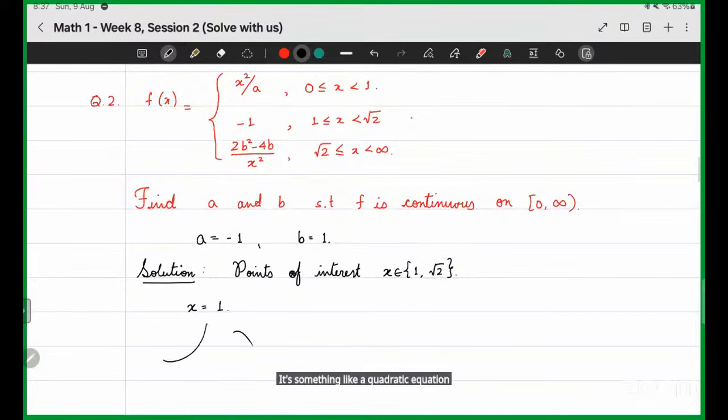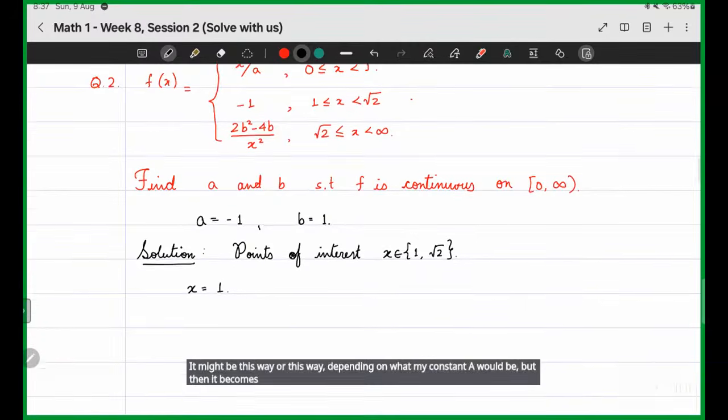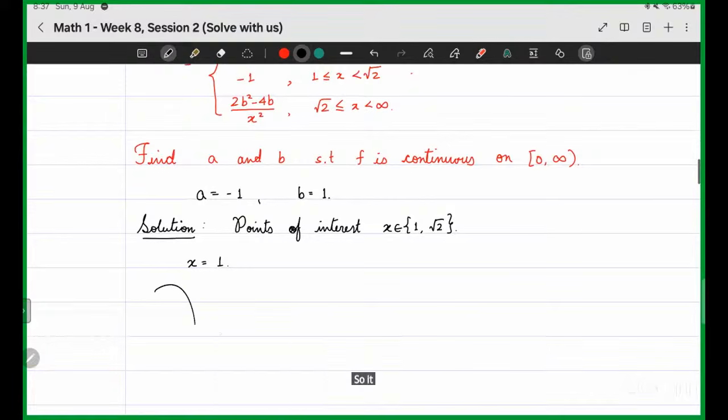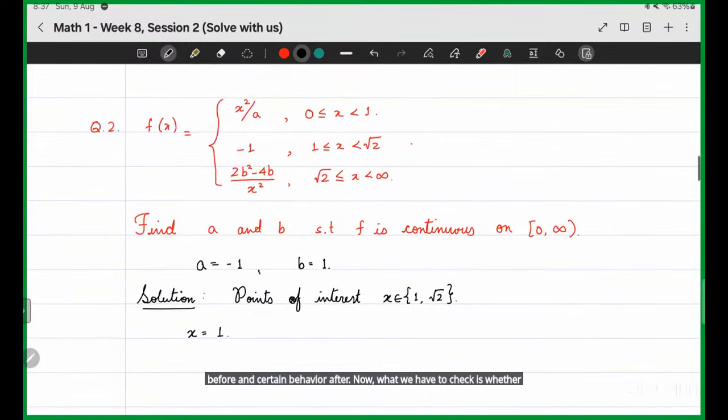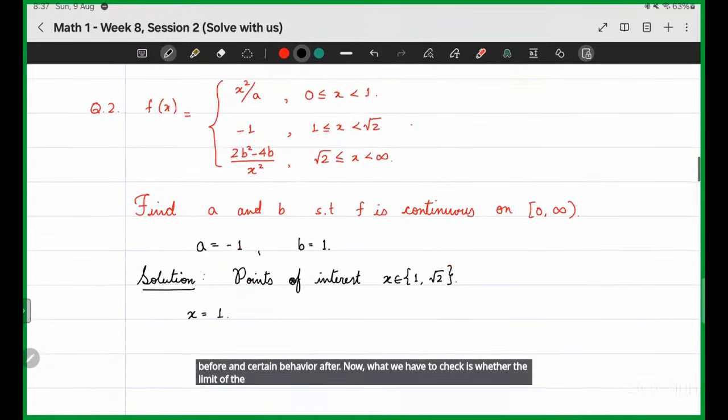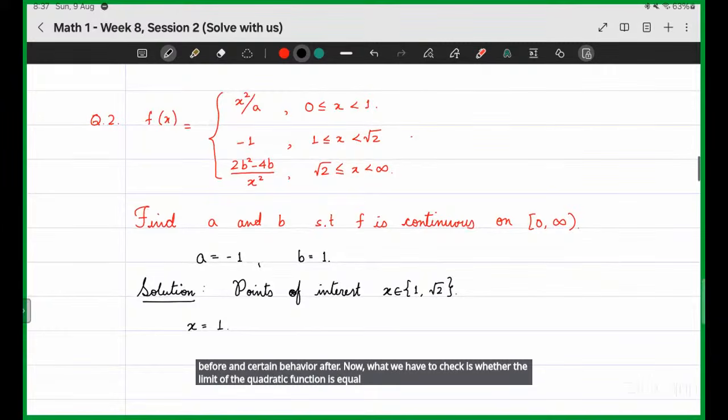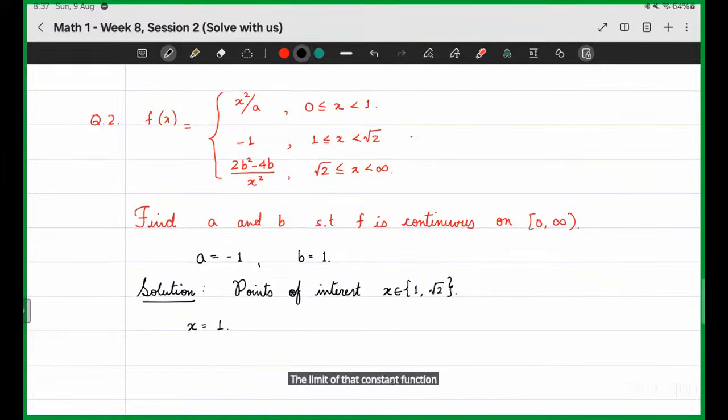It might be this way or this way, depending on what my constant a would be, but then it becomes a constant. So it has certain behavior before and certain behavior after. Now, what we have to check is whether the limit of the quadratic function is equal to the limit of that constant function. Only then would I be guaranteed continuity.